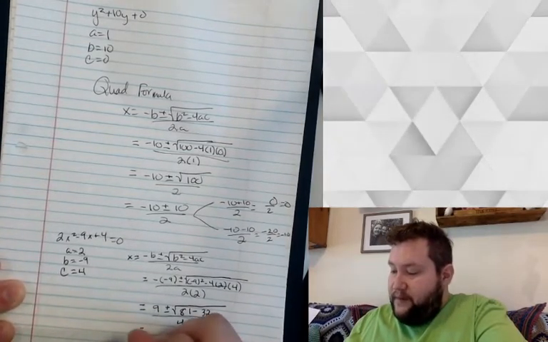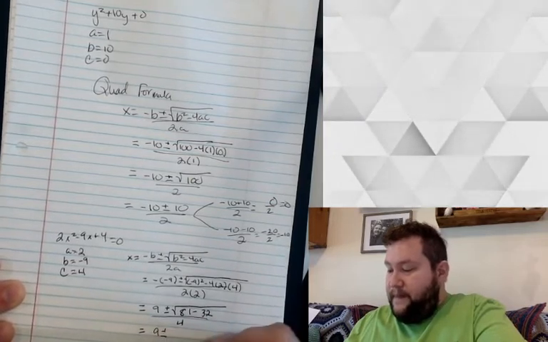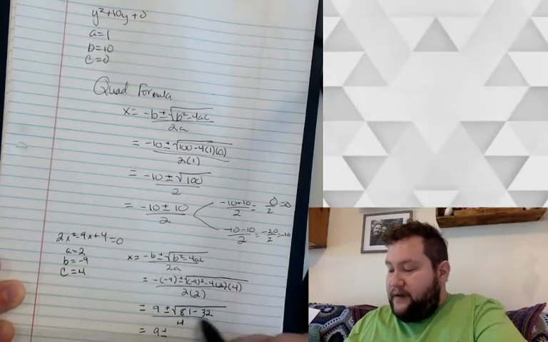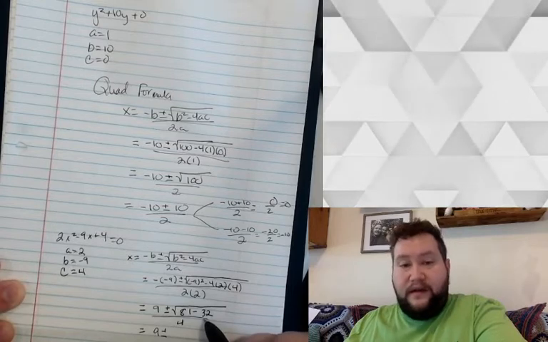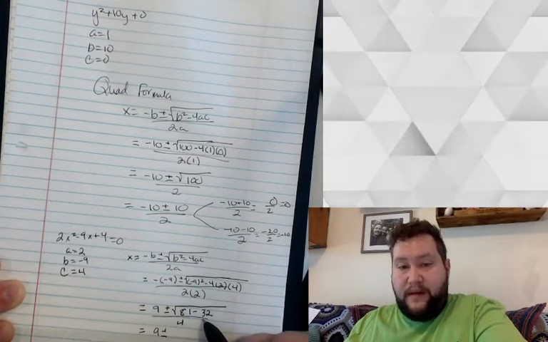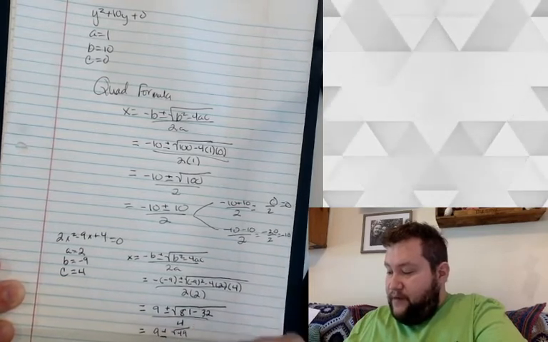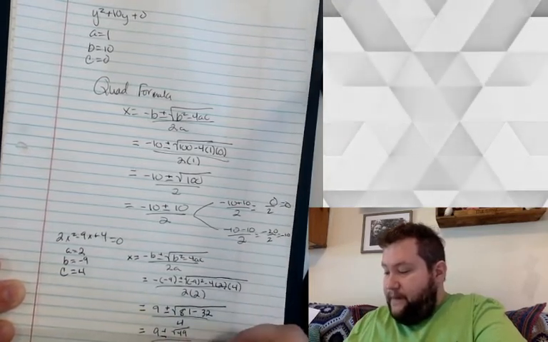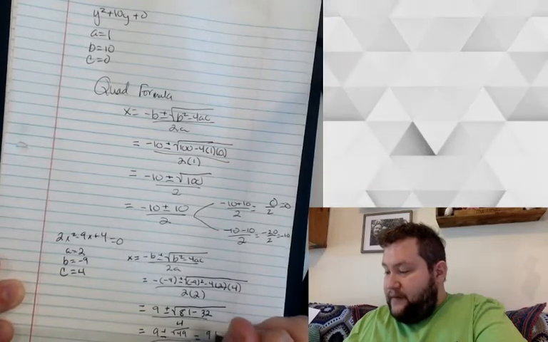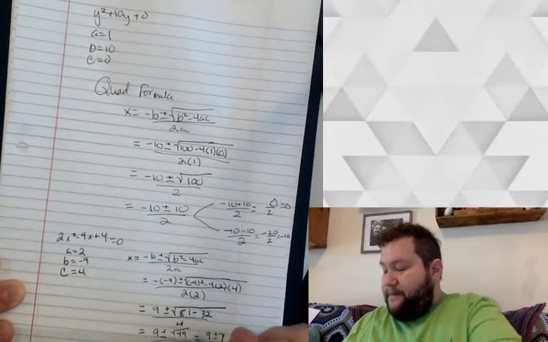So 81 minus 32, 81 minus 30 is 51, minus 2 more is 49. Plus or minus the square root of 49 all over 4. So that's 9 plus or minus 7 over 4.